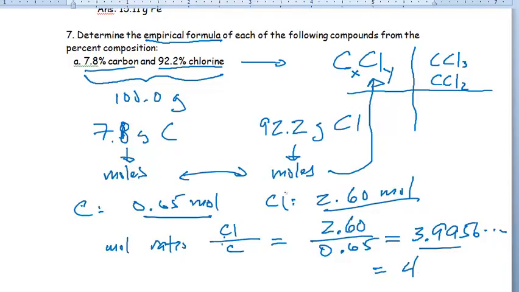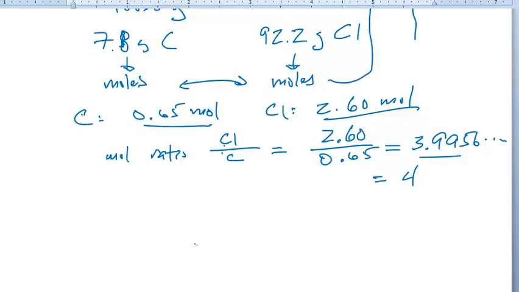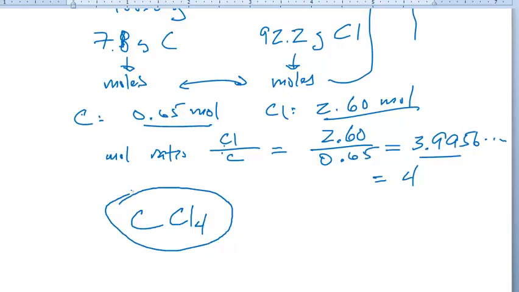And so what that implies is that the ratio is 1 to 4. That is 1 carbon for every 4 chlorines, and that is the empirical formula.